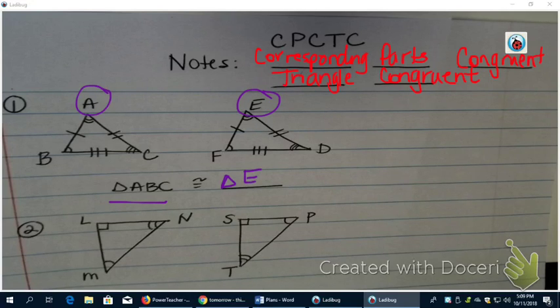B's next, and if you'll notice B corresponds with F because they have that one little curve there. And then C's got to be last, and that's a really light color, so I'm going to do it in red. So your answer there is triangle EFD. You're just trying to write down whatever the order would be according to the way the picture is drawn.